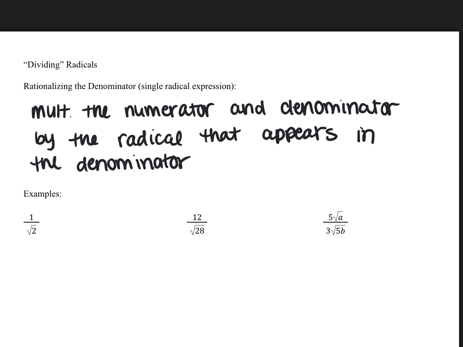For our first example, 1 divided by square root 2, I multiply the numerator and denominator by my radical, square root 2. My numerator becomes 1 times square root 2, which is just square root 2, and my denominator just becomes 2 because they cancel.